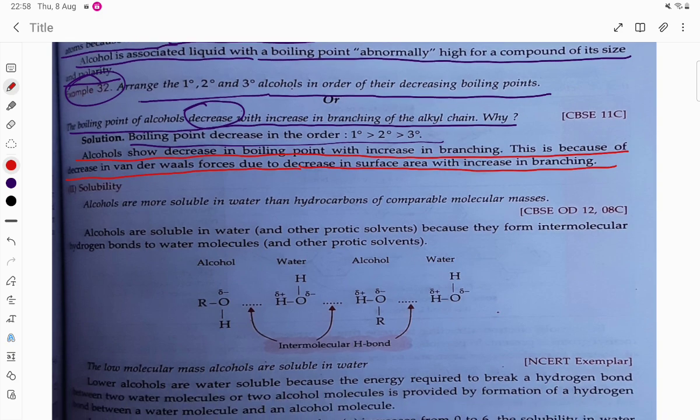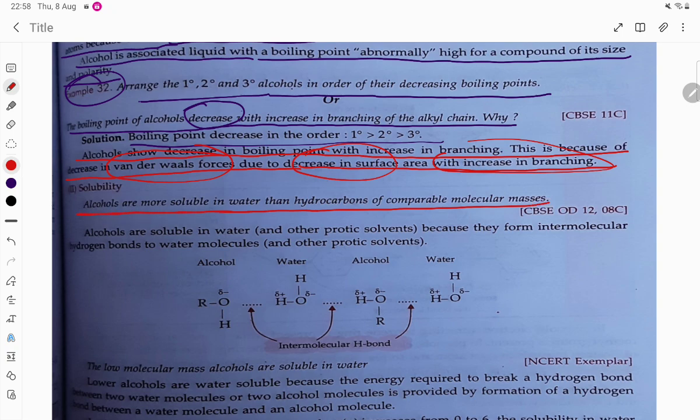Solubility: alcohols are more soluble in water than hydrocarbons of comparable molecular masses.